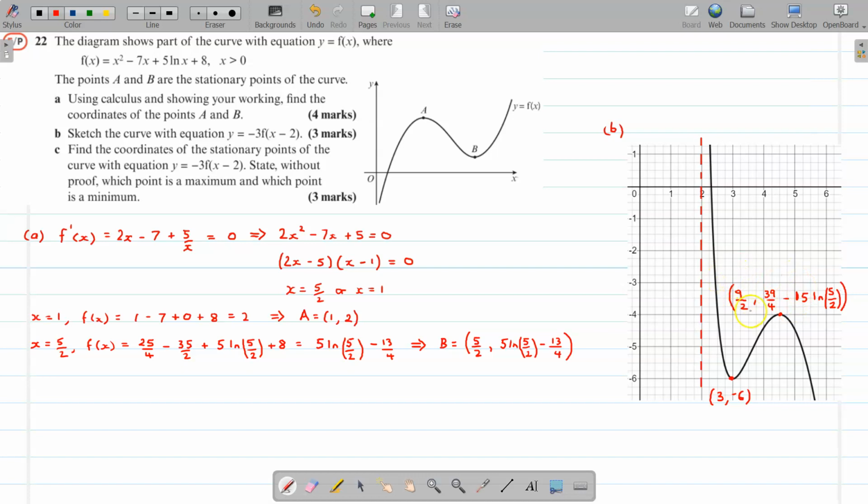If I call this B dash, and this A dash, because they're the reflected points, or the transformed points, then I can just say B dash is max and A dash is a min. And that pretty well answers the question.